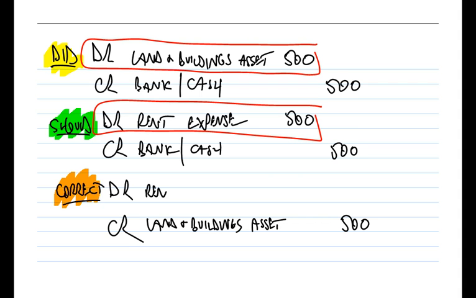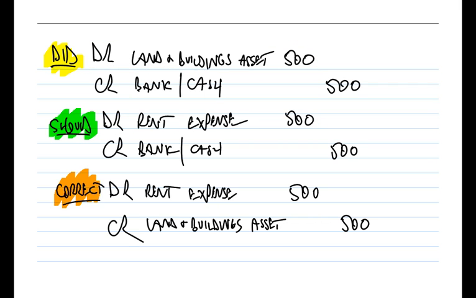So I'm then going to post a debit to rent expense where it should have been in the first place. So posting a debit to the rent expense of 500. So this time my correcting double entry is debit to rent expense 500 to recognise the expense we should have shown in the first place, credit land and buildings asset by 500 to cancel the original entry they would have posted.